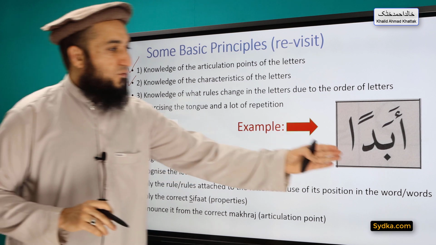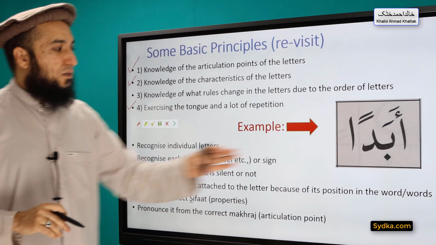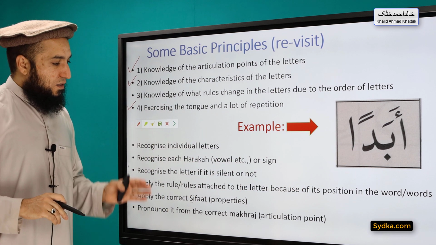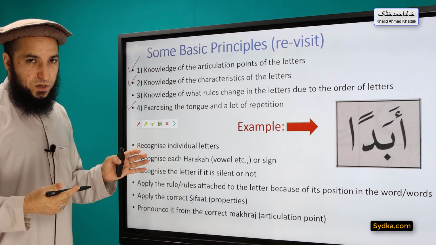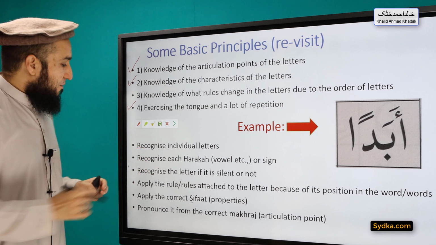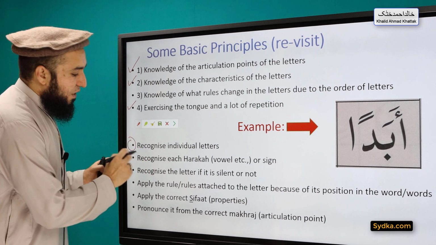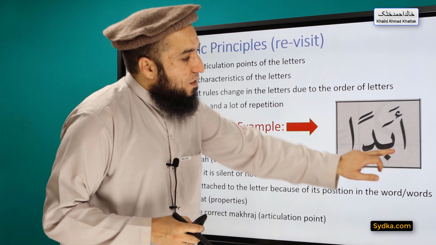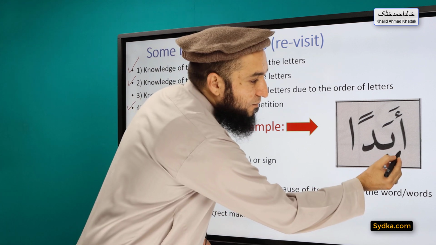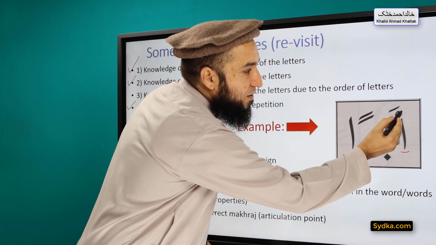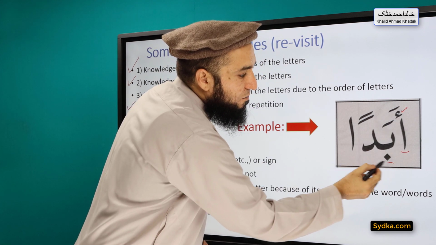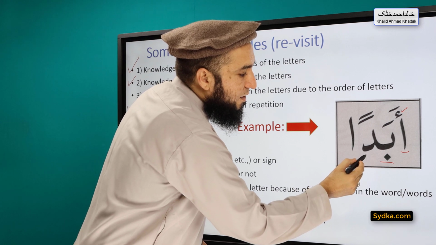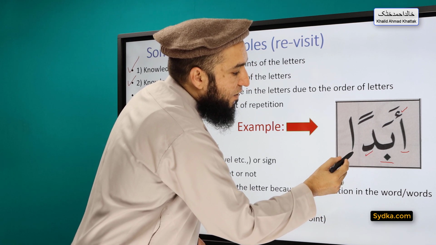So if we are given a word, we have to apply these steps to make our reading or recitation easy. The first one is recognizing individual letters. Here, the first one is alif, second one is hamza, third one is ba, next one is dal, and the final one is alif.